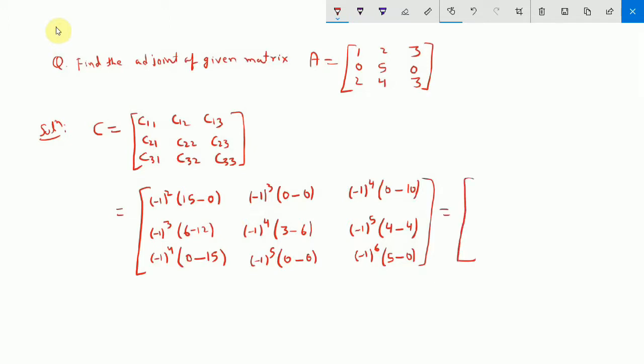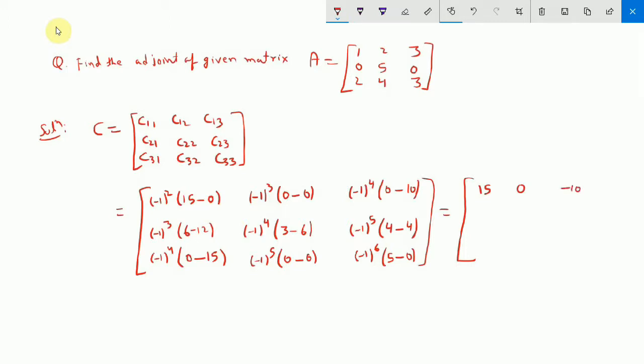see, 15, this is 5 into 3, 15, and this minus for 0, so it will be 0. Next one will be minus 10.